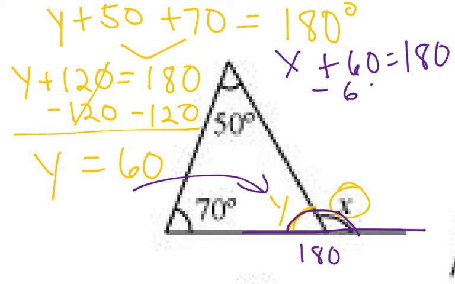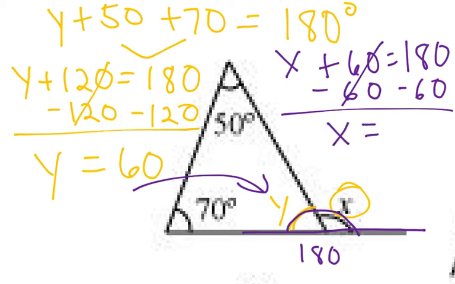Again, we have an algebra problem that by now we can solve, which gives us x equals 180 minus 60, 120 degrees. So that's how you solve for an angle outside of a triangle when you have a problem like this.